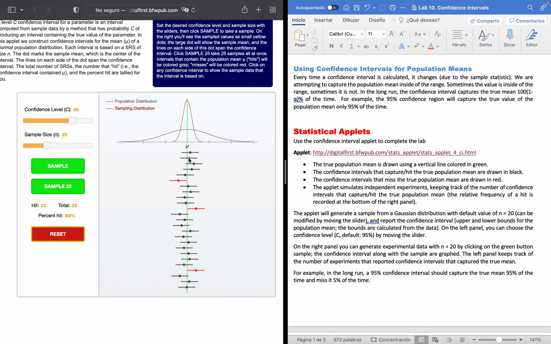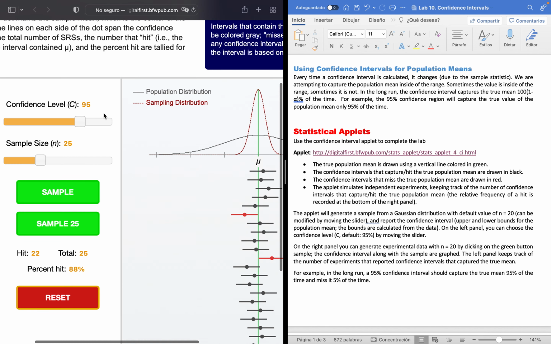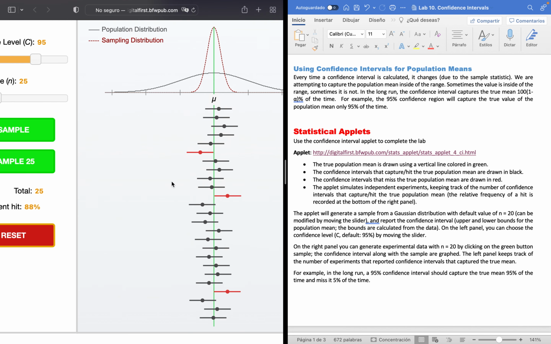When we construct a confidence interval, we hope that it is going to cover the true population mean. But how many times? That depends on the level of confidence. In this case, 95% of these intervals should cover the true population mean.